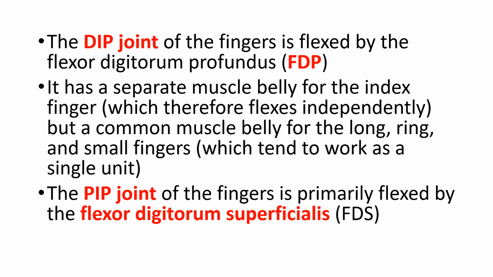The proximal interphalangeal joint of the fingers is primarily flexed by the flexor digitorum superficialis, which inserts on the anterior base of the middle phalanx. They flex the proximal, while the distal are flexed by the profundus tendon.